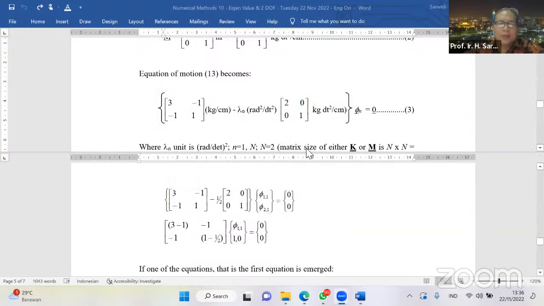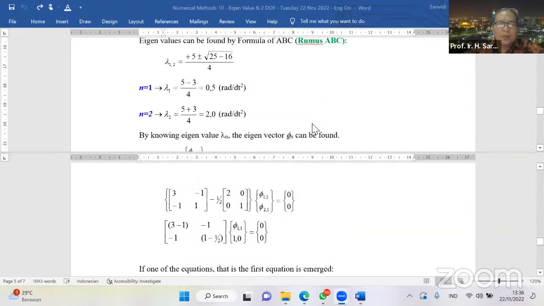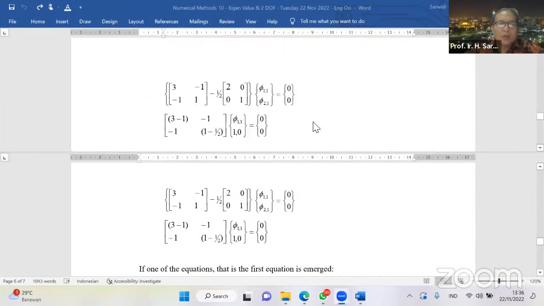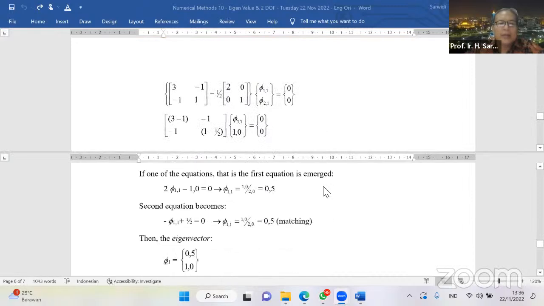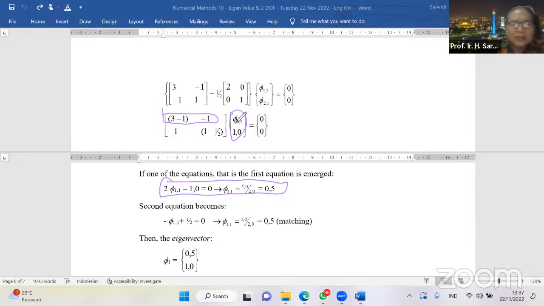Then after you have this one, I put this one also as an example. So you actually have two equations here. What are the equations? The first is this one. The value here, this and this one equal to this.